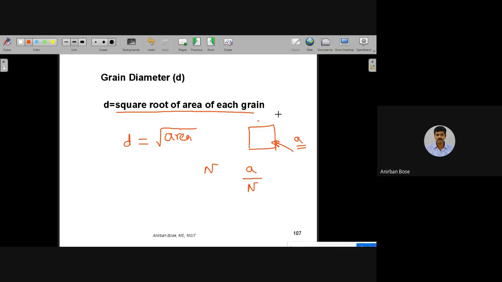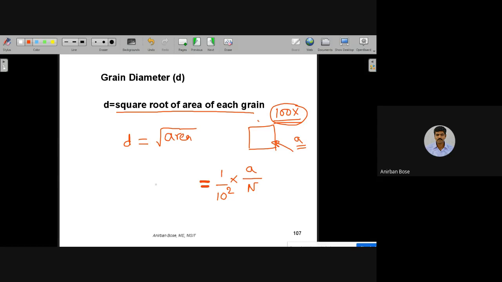Suppose you are doing this at 100 magnification. Then the number of grains that you observe, the area will be 1 by 100 square, into A by N. This will be the area of each grain.